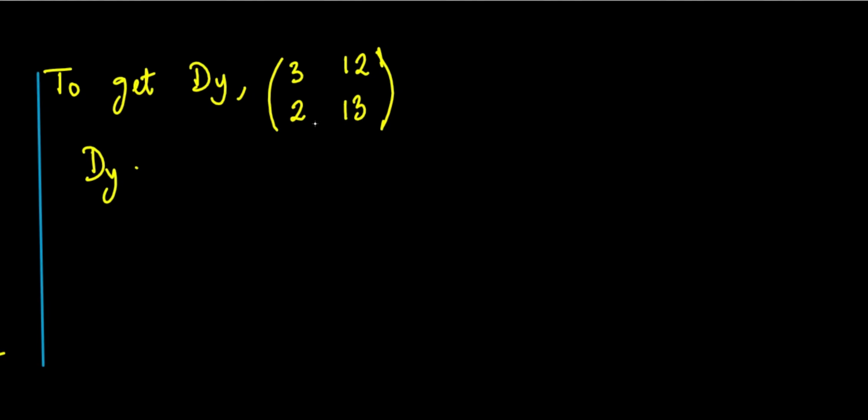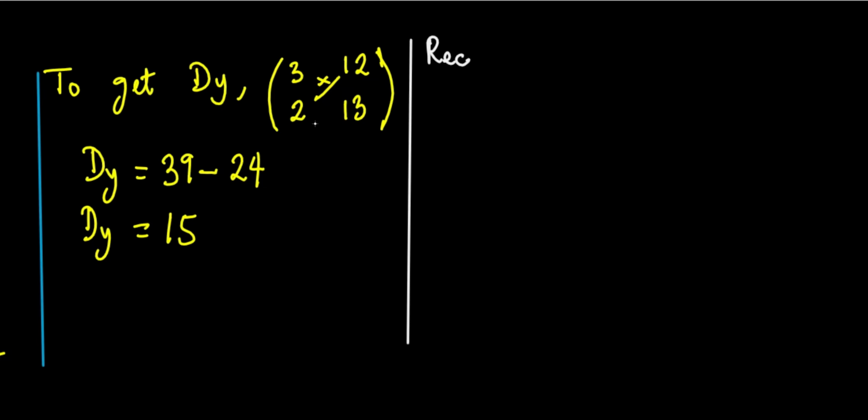To get the determinant of this matrix, we say 3 times 13, which is 39, minus 12 times 2, which is 24. 39 minus 24 gives us 15.